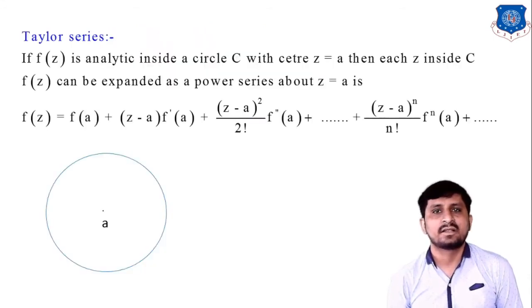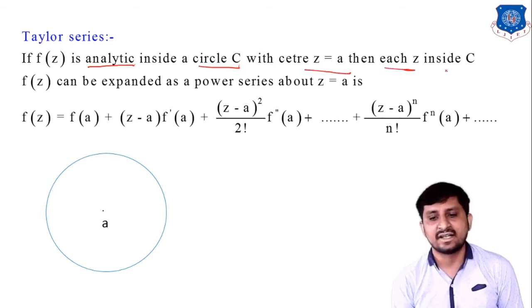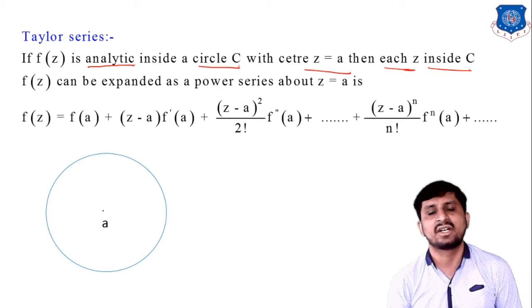If f of z is analytic inside a circle C with center z is equal to a, then for each z inside C, read the first line very carefully, f of z can be expanded as a power series about z is equal to a, and this is the formula. f of z is equal to f of a plus z minus a into f dash a plus z minus a whole square divided by 2 factorial f double dash a, and so on.